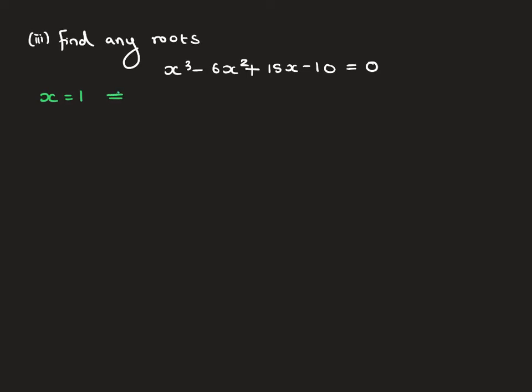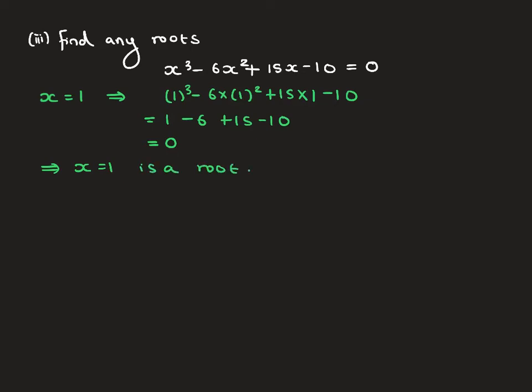So if I substitute x equals 1 into this, I get 1 cubed minus 6 times 1 squared plus 15 multiplied by 1 minus 10, which gives me an answer of 0. So this implies that x equals 1 is a root.